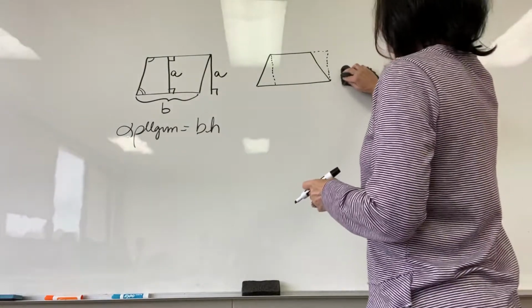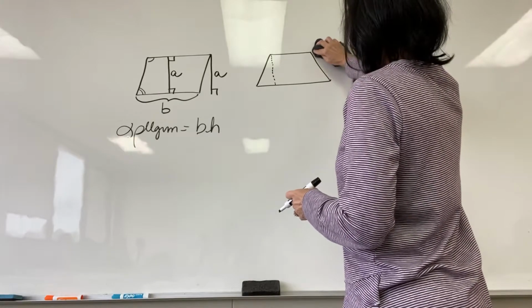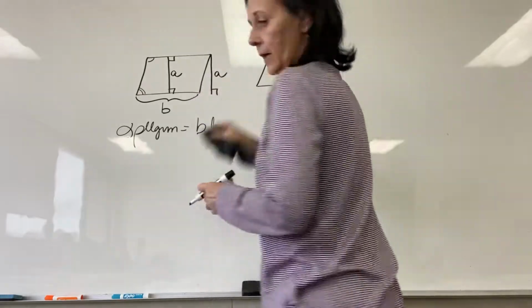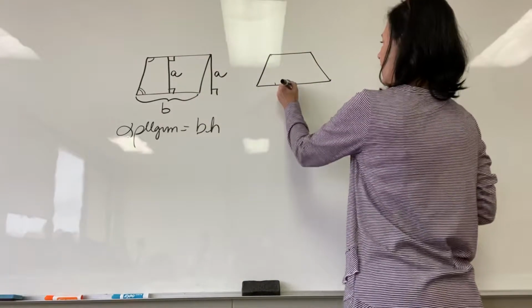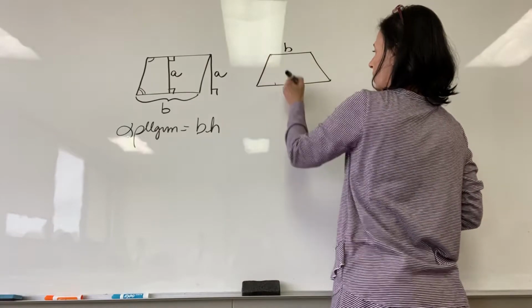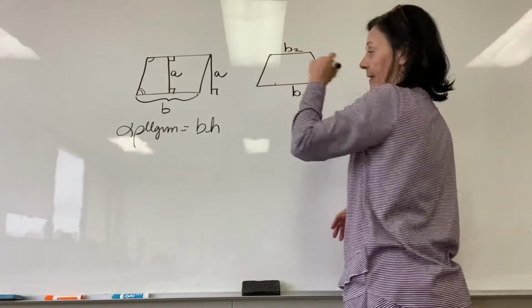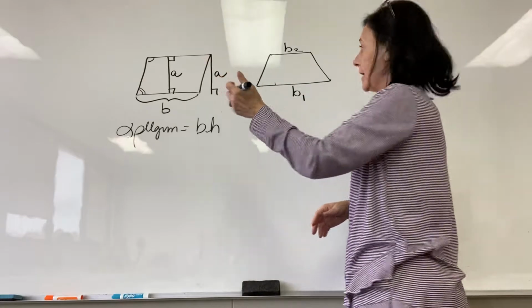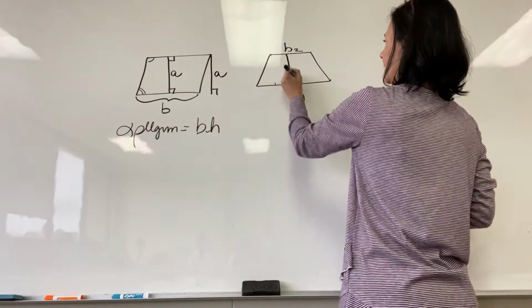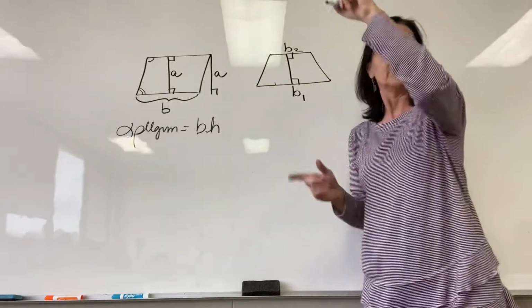But instead of adding areas, because really you could add those two areas, here we have a base and a base. We'll call it base 1, base 2, because the bases are not the same in length, right? And our altitude is the same as in a parallelogram. It has to be perpendicular to both of those bases.